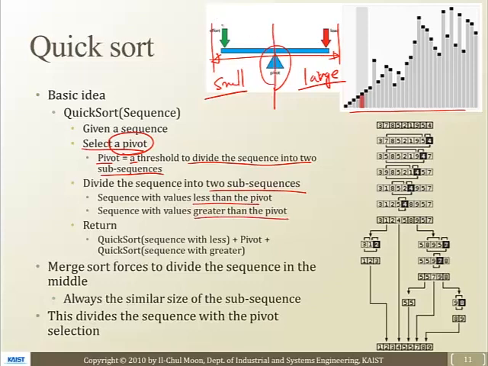After having the pivot here, this is going to be the whole new sequence, and this is going to be the whole new sequence. Before that, it was this range.